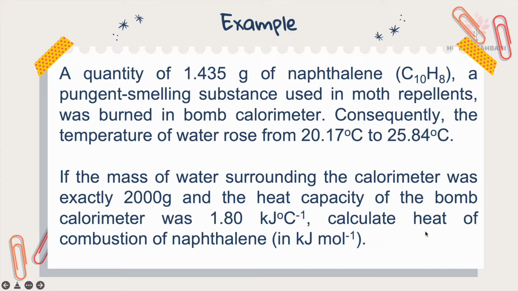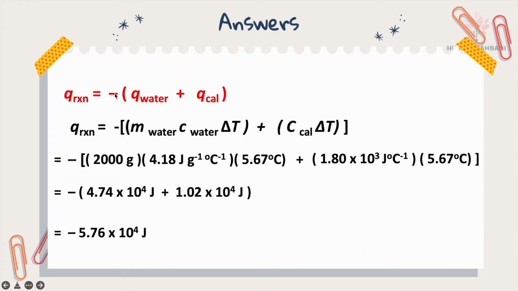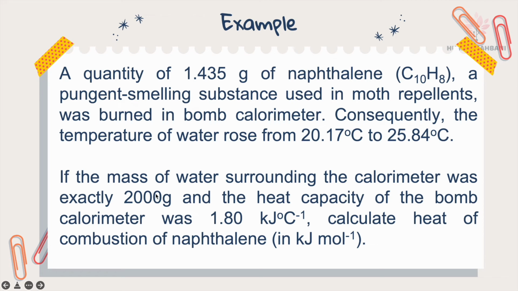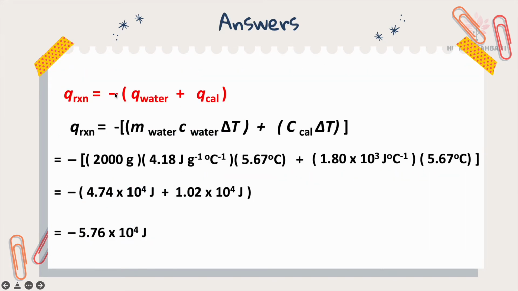So now we have to calculate Q reaction. Q reaction is equal to negative. Here negative means the heat is released. Negative Q water. So here you include Q water because the mass of water is given. If the mass of water is not given, don't include Q water. So now Q water plus Q calorimeter.